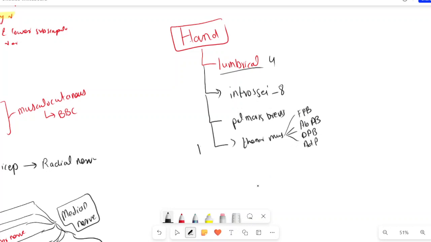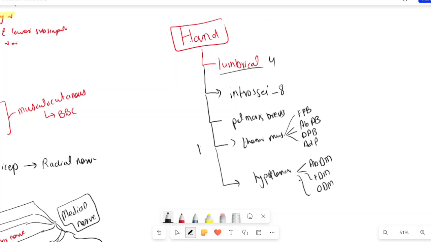You have to remember these muscles are present here, and the others are the hypothenar muscles: abductor digiti minimi, flexor digiti minimi, and opponens digiti minimi.